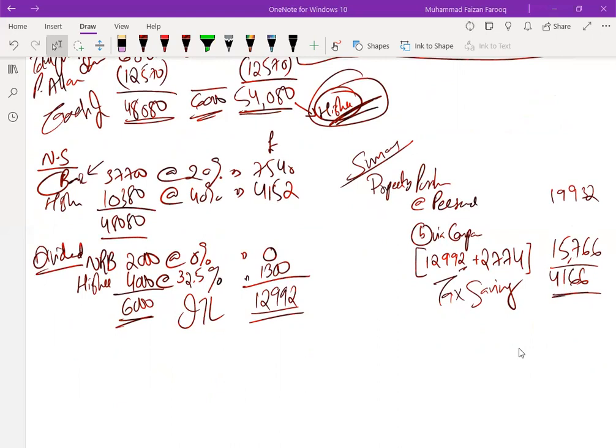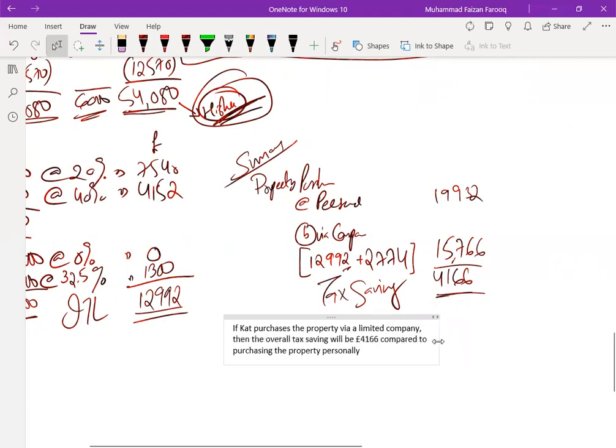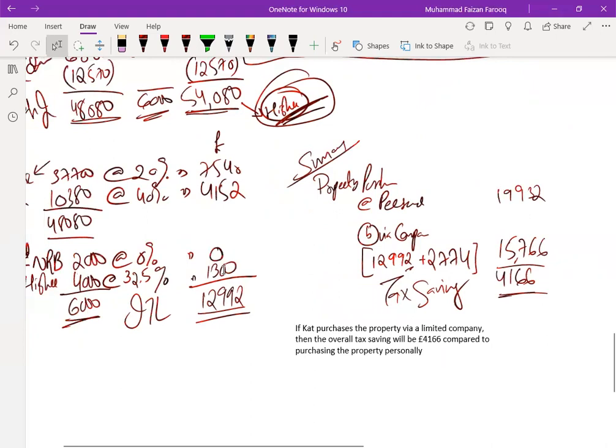Kate is more likely to benefit from purchasing the property via a limited company. Correct. We can write this as well, what I just pasted. If Kate purchases a property via a limited company, then the overall tax saving will be this much. Any questions?